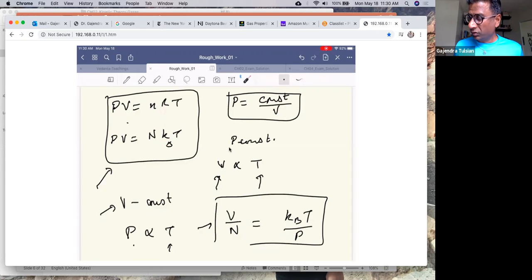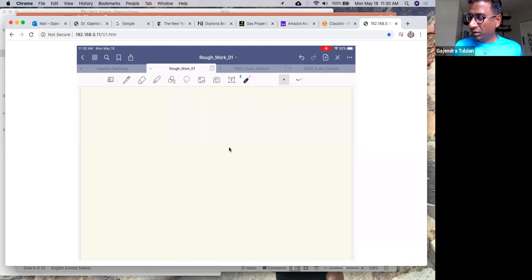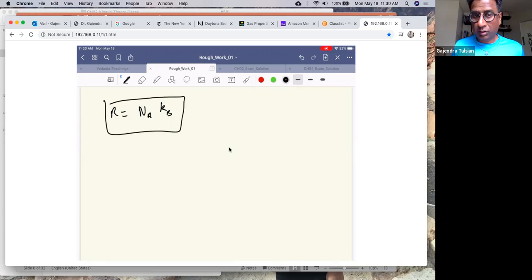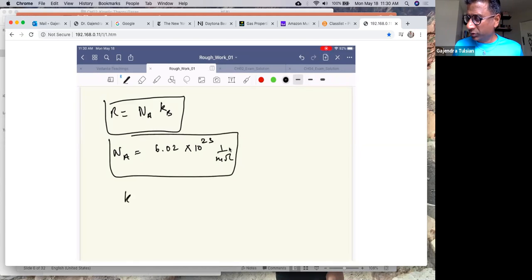It turns out that R and k_B are related: R is Avogadro's number times Boltzmann's constant. You all know Avogadro's number is 6.02 times 10 to the 23 molecules per mole, and Boltzmann's constant is 1.38 times 10 to the minus 23 joules per Kelvin.